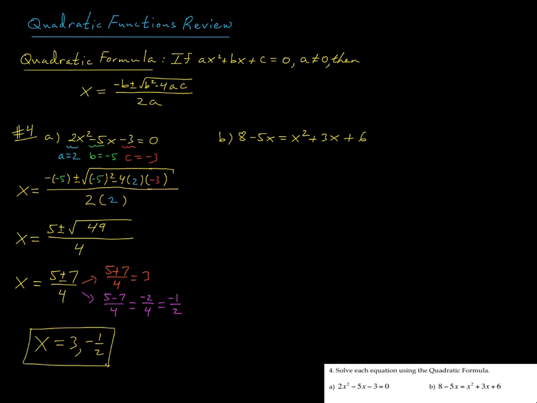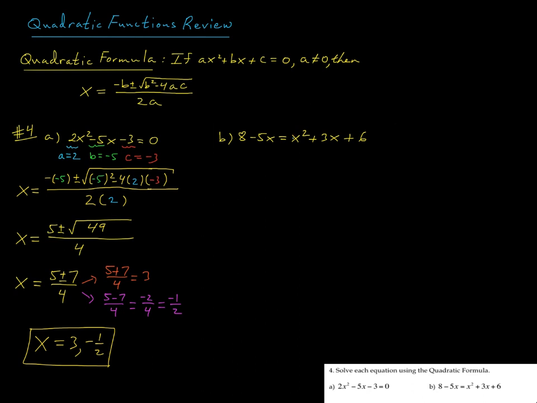Okay, great. Now part B, pretty similar, except notice we do not have this equation in the above form, right, where everything is on one side, so ax squared plus bx plus c, and then a 0 is just on the other side. Okay, so what we can do is just move everything to one side. It doesn't matter which side you choose.